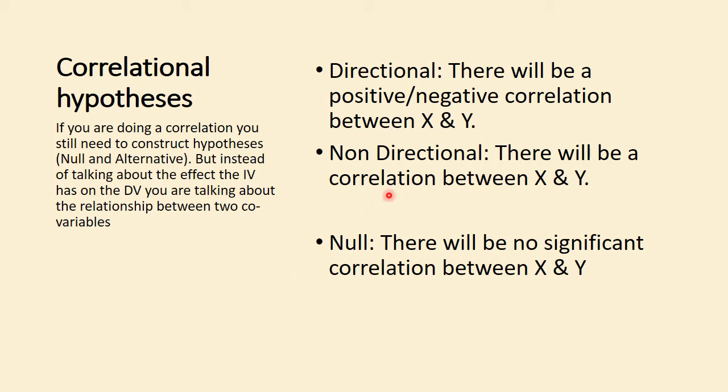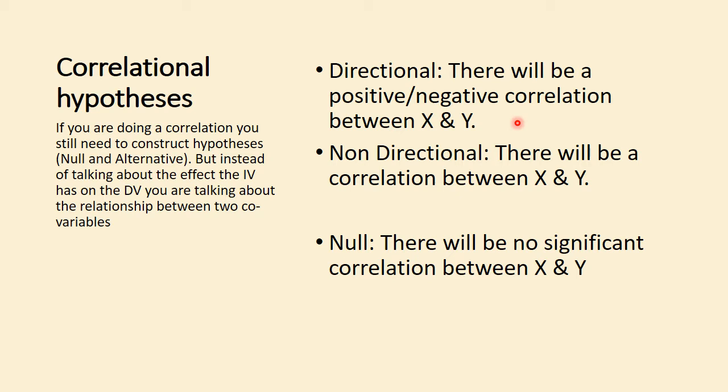So to write a directional correlational hypothesis, you would say there will be a positive correlation between X and Y, or there will be a negative correlation between X and Y. If you're writing a non-directional version, you just say there will be a correlation between X and Y. You don't state whether it will be positive or negative. And then the null would be there would be no correlation between X and Y.